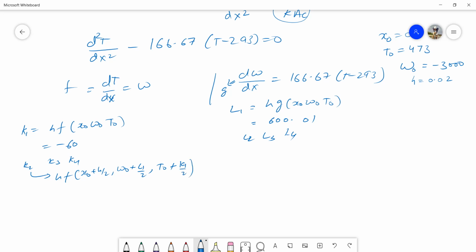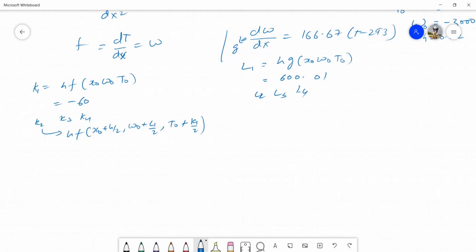Okay, so I have already calculated these values. I just give you the values of K1, K2, K3, K4. So K2 comes out to be minus 54, K3 is minus 55, and K4 is minus 49.8, whereas L2 is 500.01, L3 is 510, and L4 is 420.